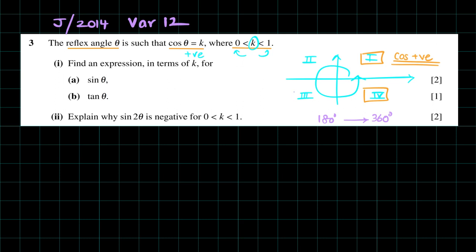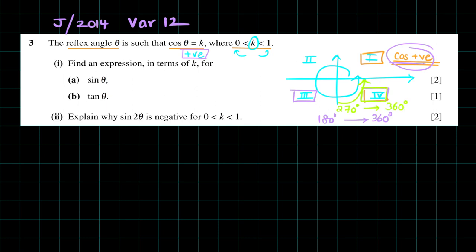But are we talking about the third quadrant or the fourth quadrant? That depends on the sign of cosine, which is positive. Since cosine is positive in the fourth quadrant, we are dealing with a reflex angle that lies between 270 and 360 degrees.